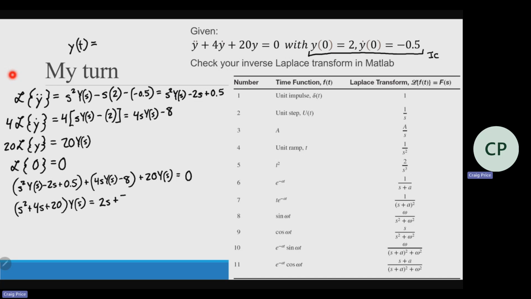So we can do plus 7.5 over here. And we get a very nice, I don't even have to worry about common denominators at this point. This is my transfer function, not transfer function. This is my y output function.